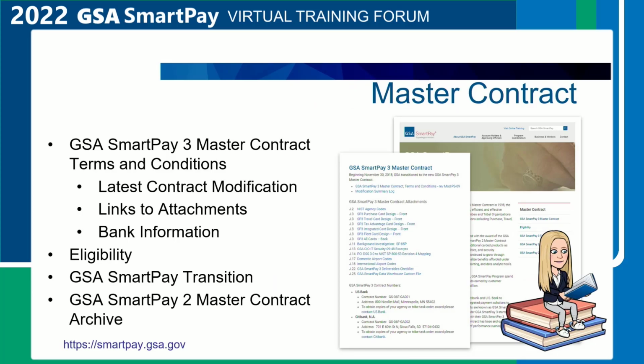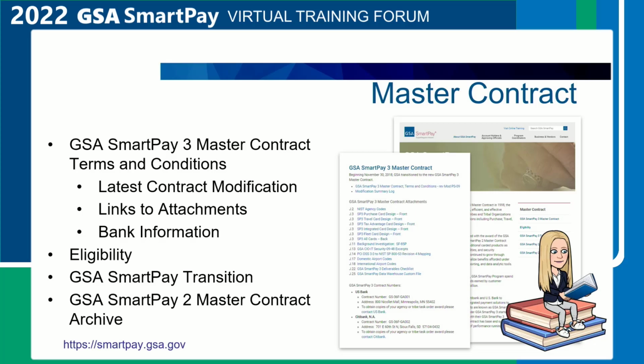The GSA SmartPay website houses the most recent copy of the GSA SmartPay 3 Master Contract, including the latest contract modification, links to attachments, and contractor bank information. There is also information on who is eligible to use the GSA SmartPay Master Contract, as well as historical information such as the GSA SmartPay 2 Master Contract and the GSA SmartPay Transition information.